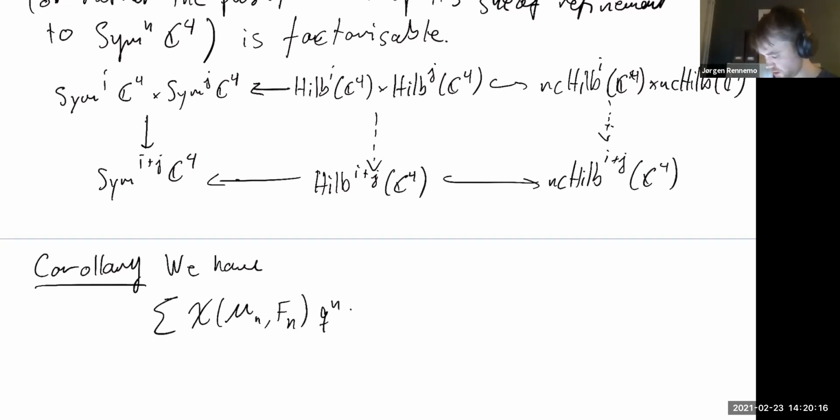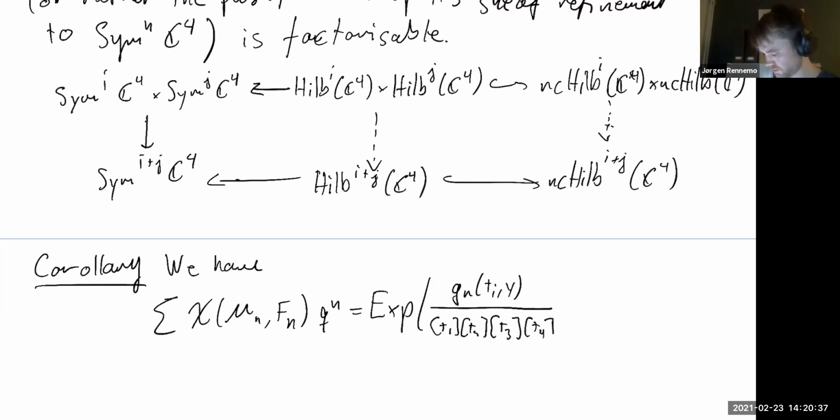This thing has a particularly nice form in terms of expressing this in terms of numerical functions. Let's see, sorry, I should be summing over n. Sorry about this.